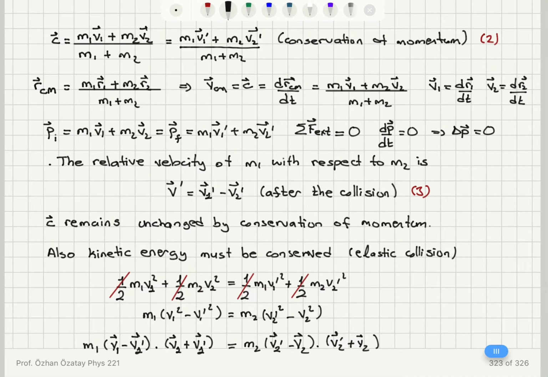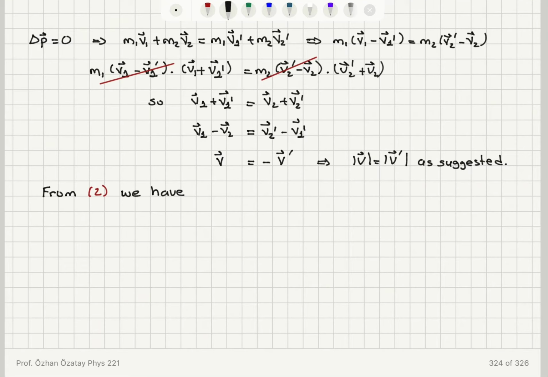That's the statement of conservation of momentum. m1 plus m2 times the center of mass velocity is equal to m1 v1 prime plus m2 v2 prime.